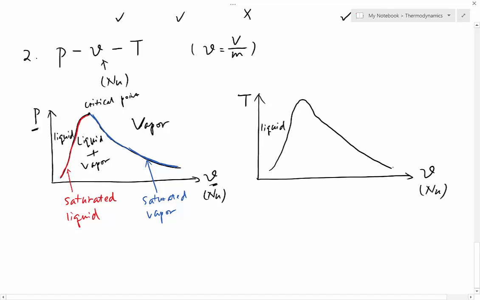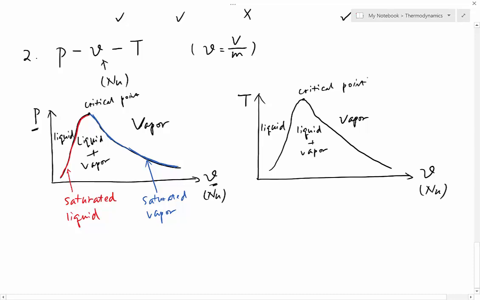Okay, to the right of the vapor dome, again, must be vapor, same as before. And then within the dome, it's still liquid plus vapor. Okay, same as before. And then the top point, it still has the name critical point.